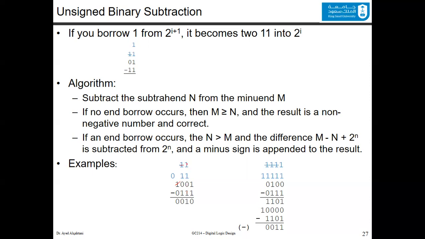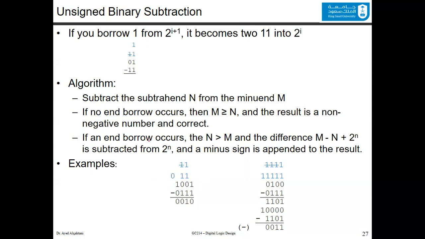Now I can subtract 2 from 1, and you get the result 1. And now subtracting 1 from 1, you get 0. And the last one, since we crossed this one, it's already 0. Notice that we didn't borrow anything beyond 4 bits. So because there is no end borrow, the result is correct.